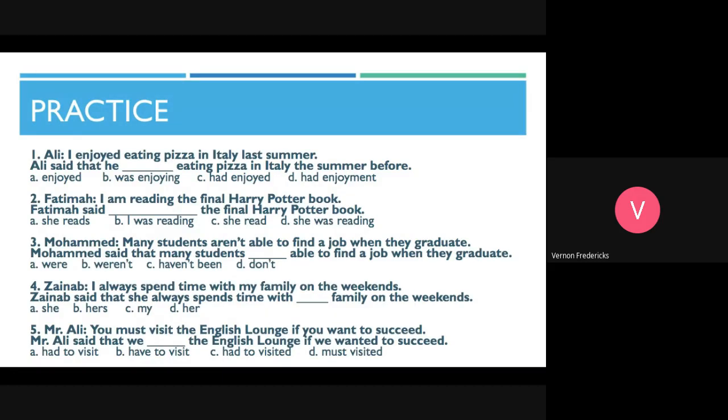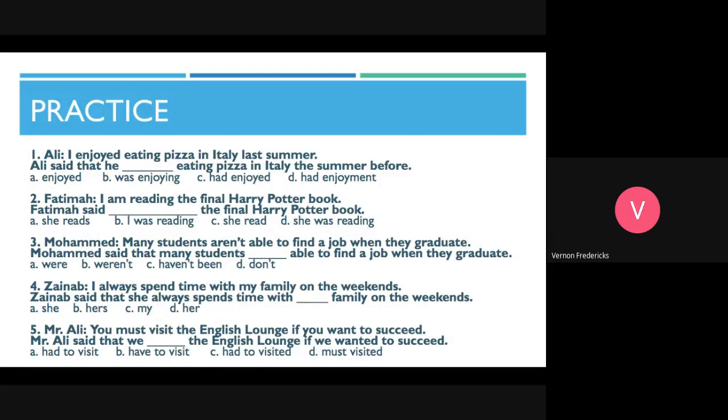Number four, Zainab: I always spend time with my family on the weekends. Number five, Mr. Ali: You must visit the English lounge if you want to succeed.